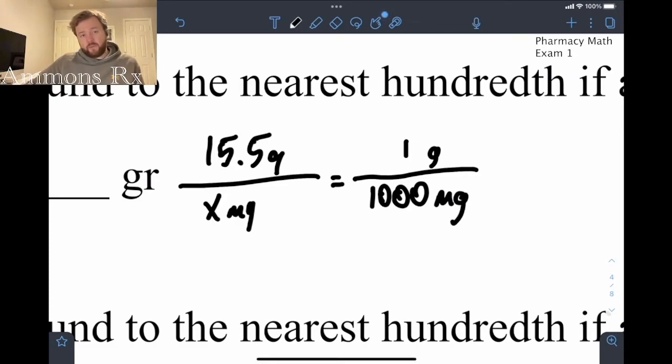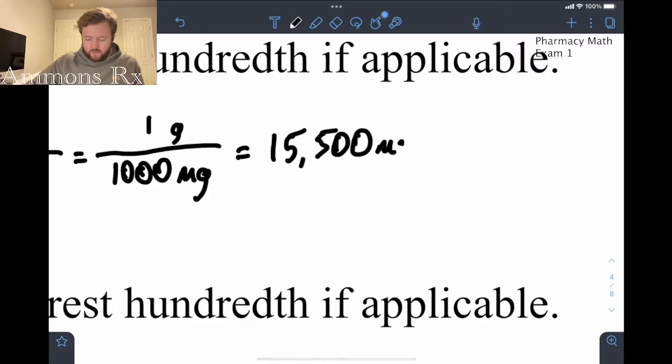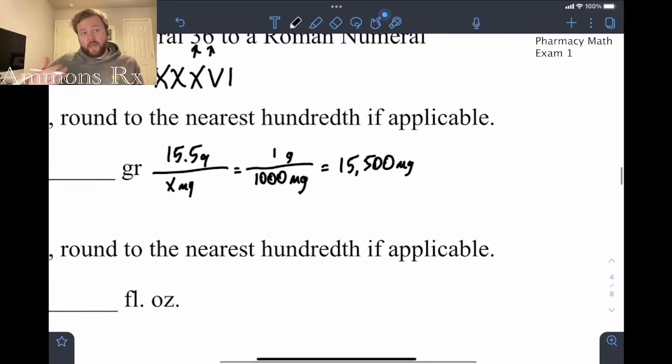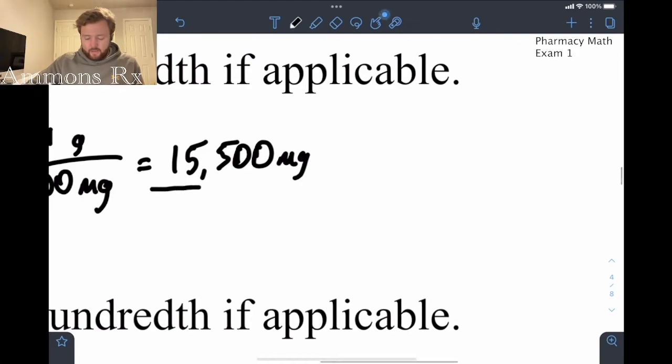There's 1,000 milligrams in 1 gram. So it turns into 1,000 times 15.5, which is 15,500 milligrams.